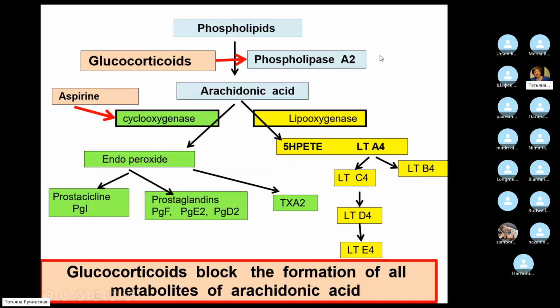That is why there will be an absence of arachidonic acid in the cytoplasm, and that is why there will be a block. If there is an absence of arachidonic acid, no metabolites from arachidonic acid appear. So there is an absence of prostaglandins and thromboxane, the same as absence of leukotrienes. You must remember about it.